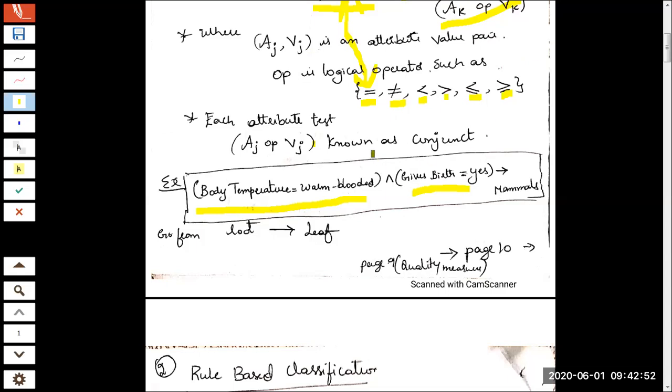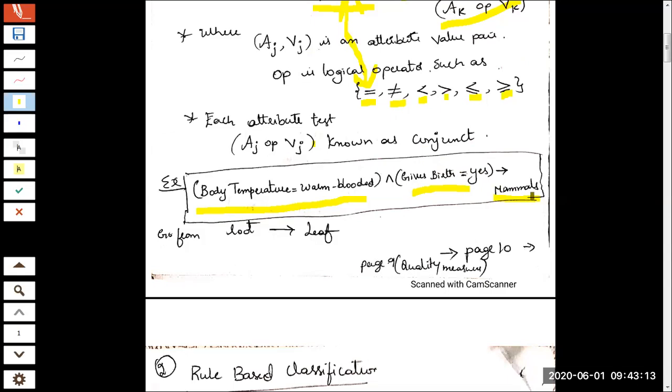So this is the second example which we had already explored. It's not a new example. The problem was we should decide whether a new species that was identified was a mammal or a non-mammal. Based on our previous experiences, we had built a decision tree.